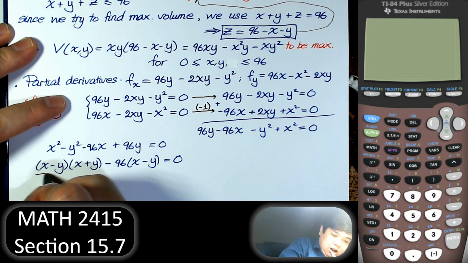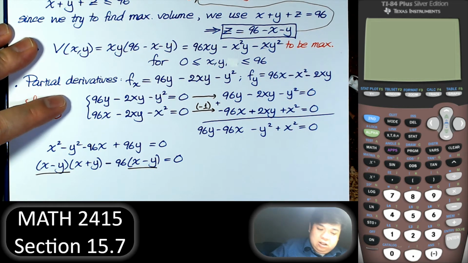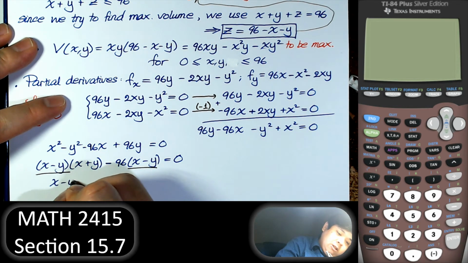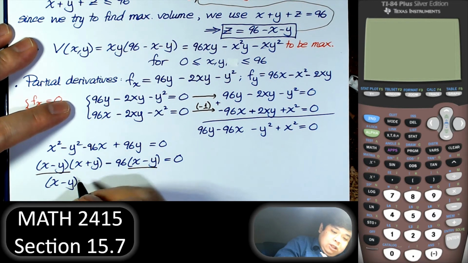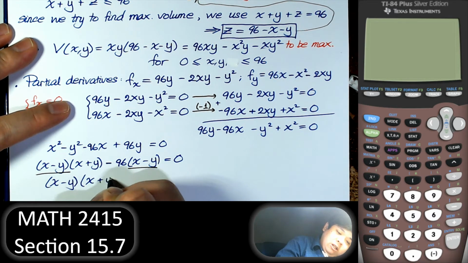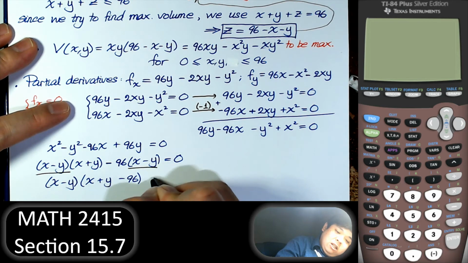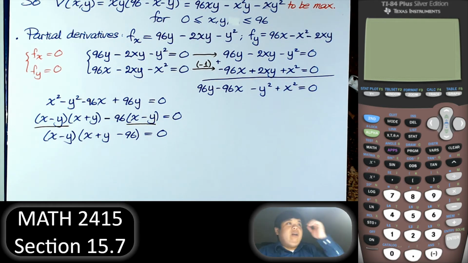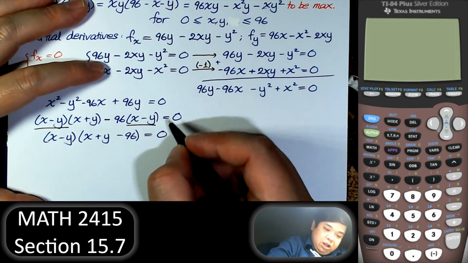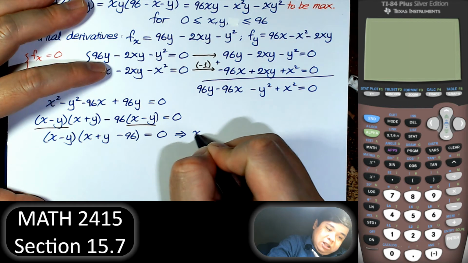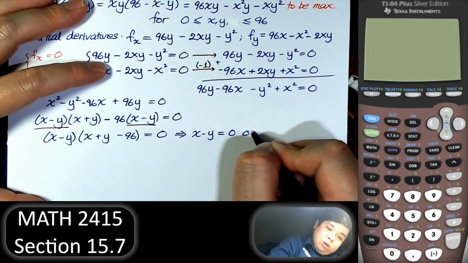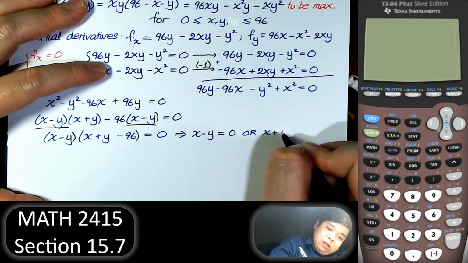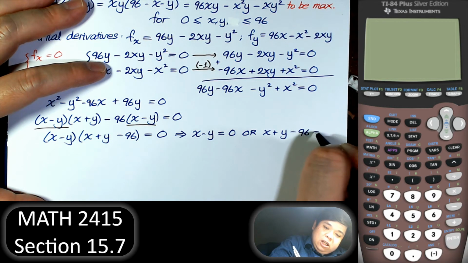I'll factor out the common factor of x minus y, and we have (x minus y)(x plus y minus 96) equal to 0. If two factors multiply to 0, then one of them equals 0. So x minus y equals 0, or x plus y minus 96 equals 0.